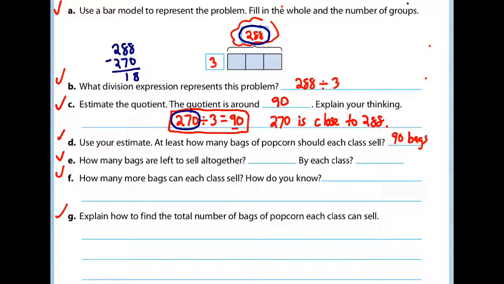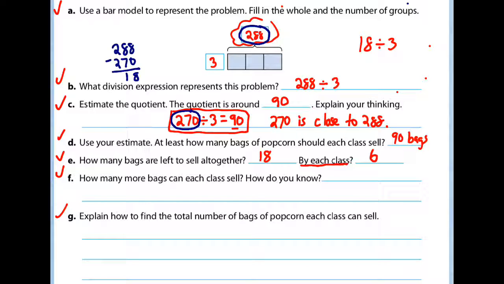So the answer to how many bags are left to sell altogether? They would still have 18 more bags to go from 270 to 288. Now by each class, if you split those 18 bags up 3 ways, each class has 6 more bags to sell because 18 divided by 3 is 6.